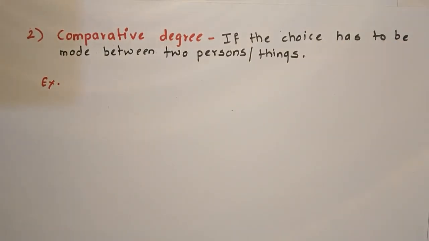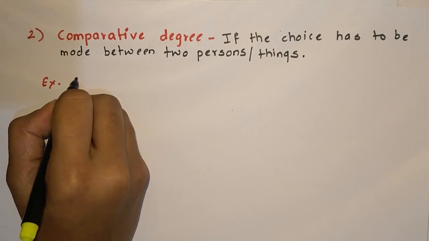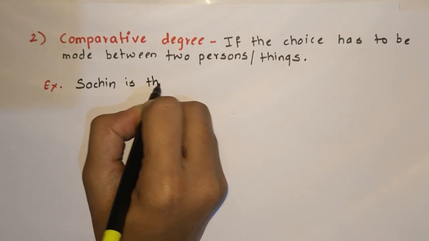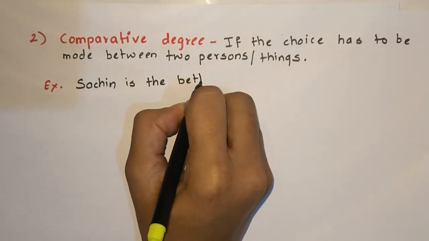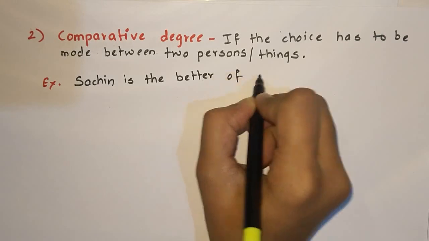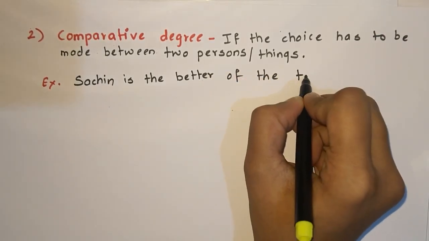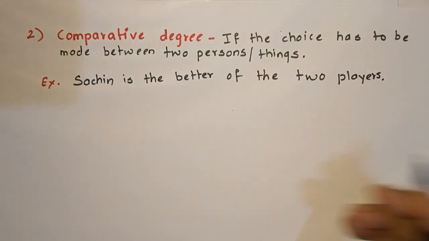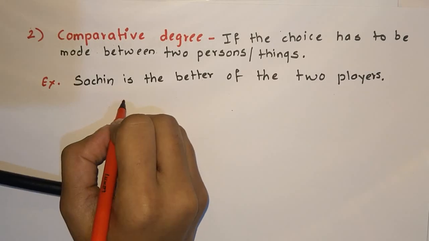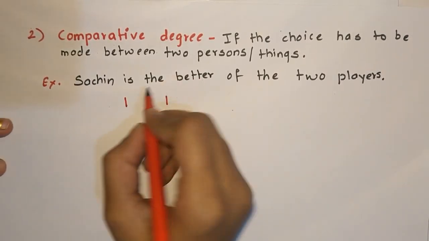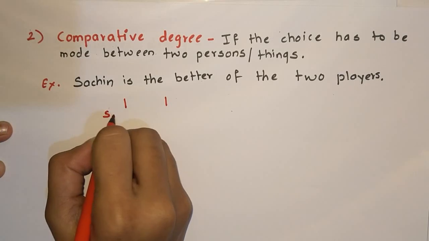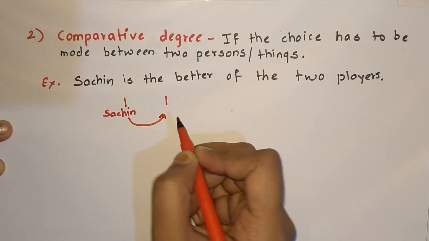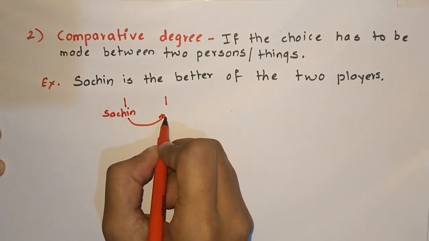Let's see the example. Sachin is the better of the two players. The meaning of this sentence is, suppose there are two players. The name of one of the players is Sachin, and now we are comparing this player Sachin with another player.